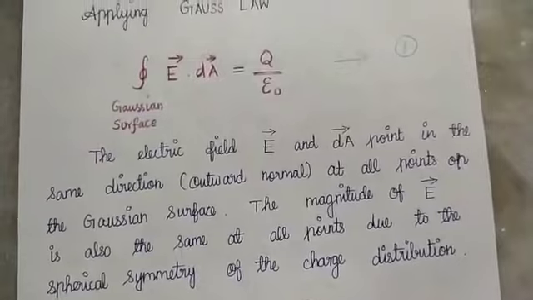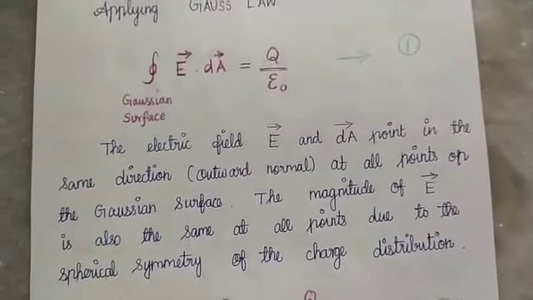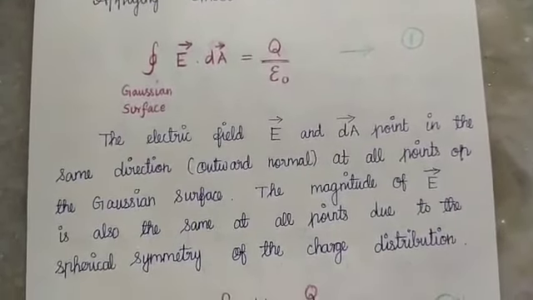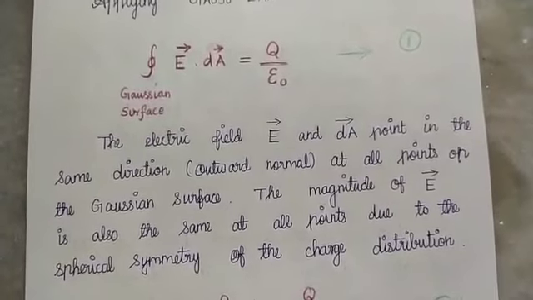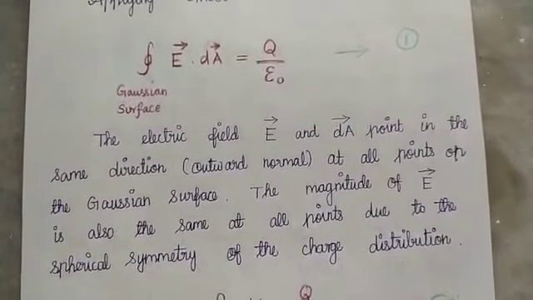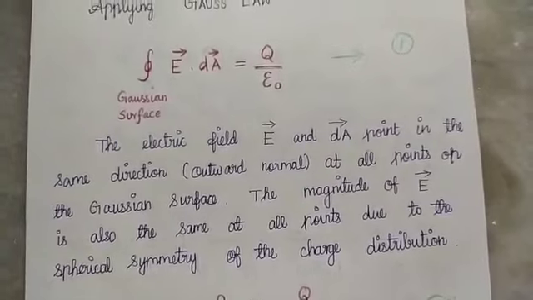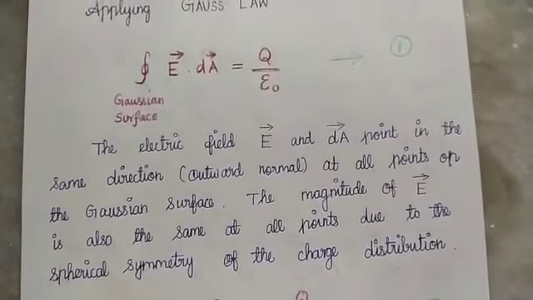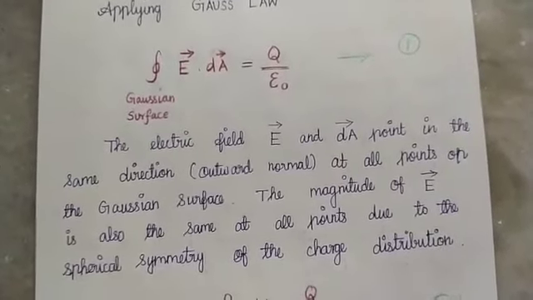The electric field E vector and dA vector point in the same direction, along the outward normal to the surface.